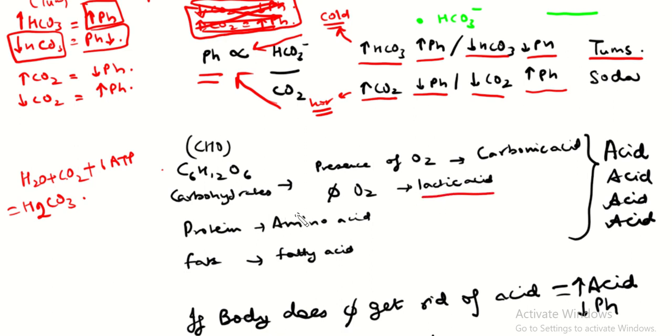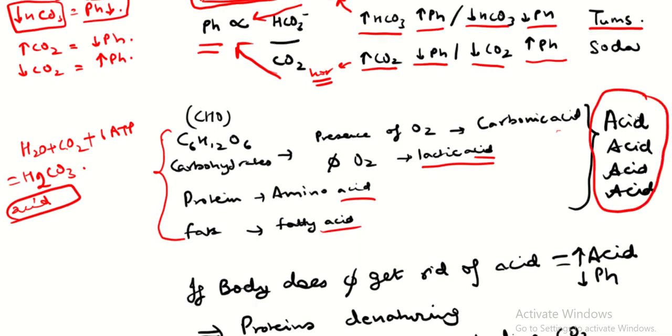So again, I get energy. I need energy or I die. Or my cells die. So I get lactic acid. So either I get carbonic acid or lactic acid. With proteins, there's amino acids with the breakdown. In fats, there's fatty acids. So what do you see common in all of this? Acid, acid, acid, and acid. So when I am working with the nutrients, my end product is acid.